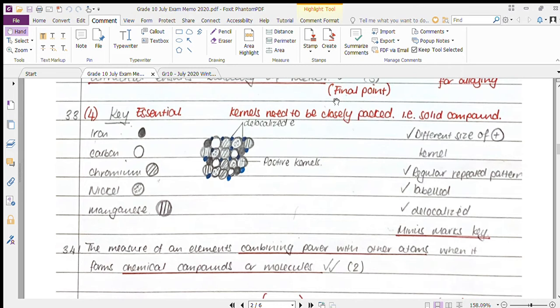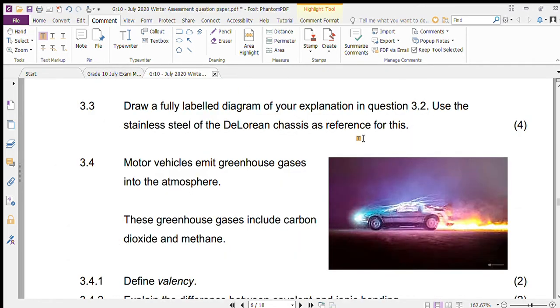Question 3.4 is talking about greenhouse gases in the atmosphere. These greenhouse gases include carbon dioxide and methane. So you automatically know that the following questions have to do with carbon dioxide and methane.